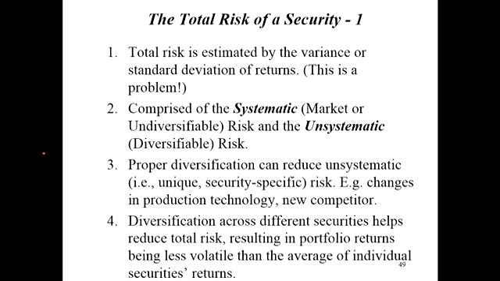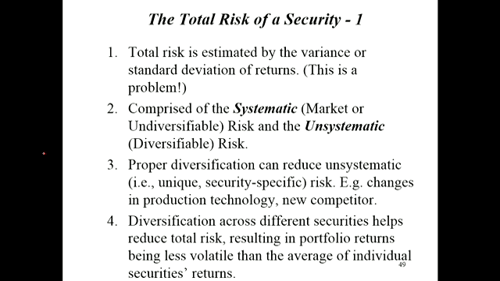Now, there is a problem with this one, is that when you actually go and measure that for any individual stock, that standard deviation actually includes both types of risk, both the systematic risk and the unsystematic risk. And so what we're going to do is try to separate these 2 risks and figure out how much of this total risk is systematic risk and how much is unsystematic risk.